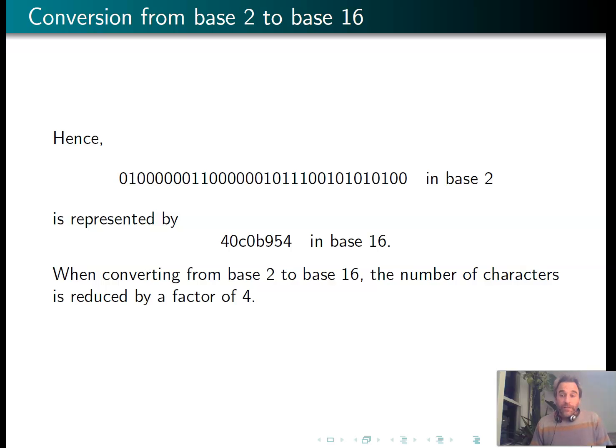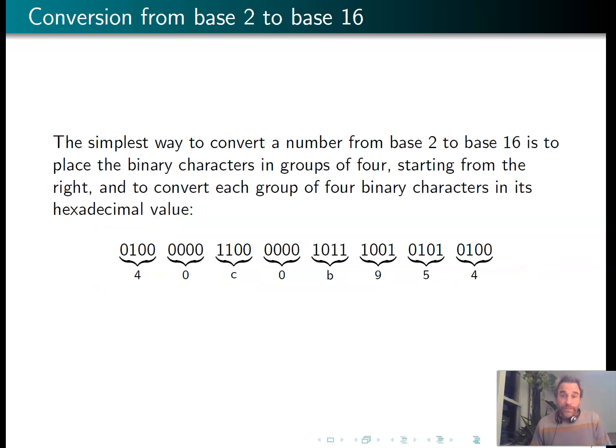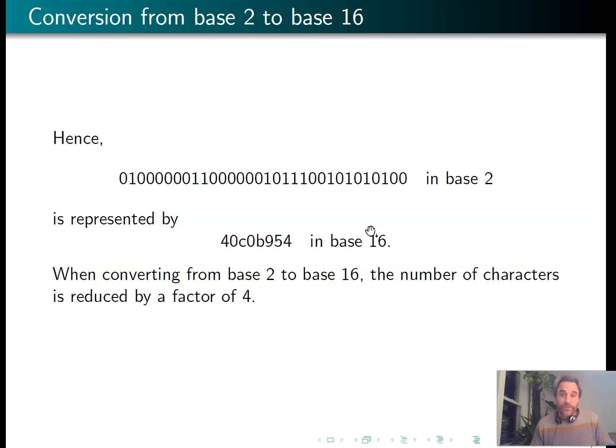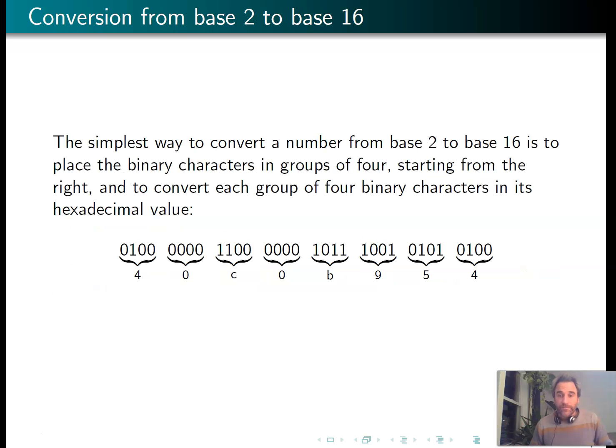So we went the hard way here. We could have used a much shorter route. If I want to convert a base 2 number into its hexadecimal representation, starting from the right, I group all the characters 4 by 4, and I extract the hexadecimal representation of each 4-character binary number.